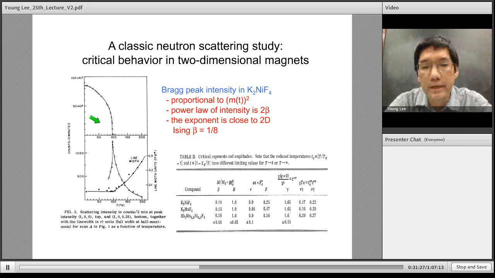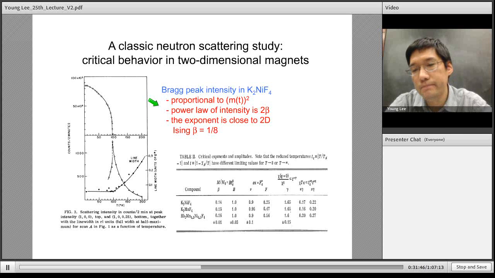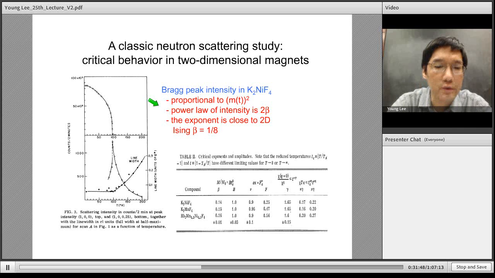So the Bragg intensity tells us about the order parameter here. And in particular, since what we're measuring are related to pair correlation functions, we're measuring m squared, the order parameter squared. So the power law for the intensity will have an exponent of 2 beta. So just by measuring this intensity as a function of temperature, that gives us a measure of one of these exponents, the critical exponents.